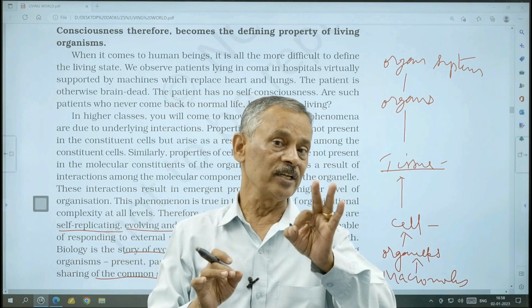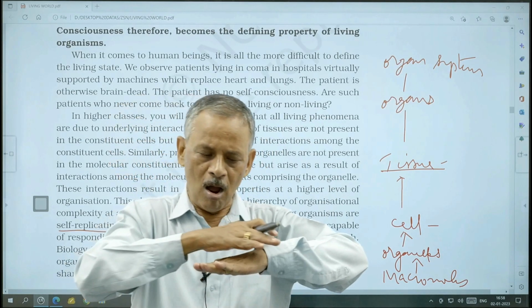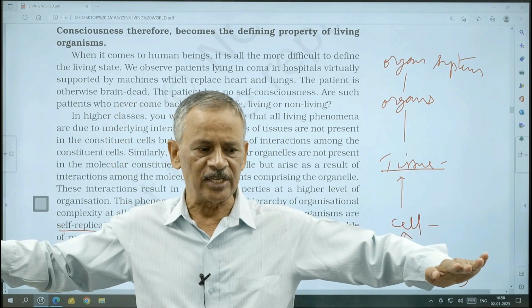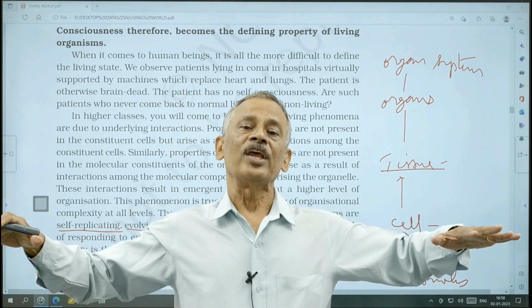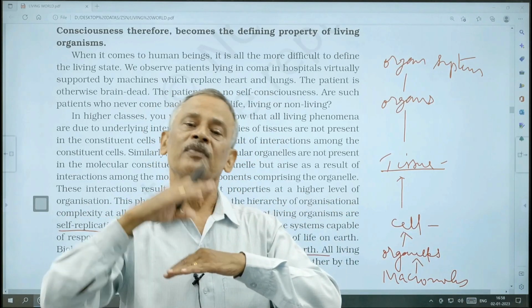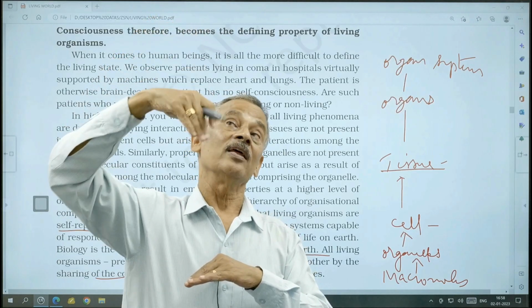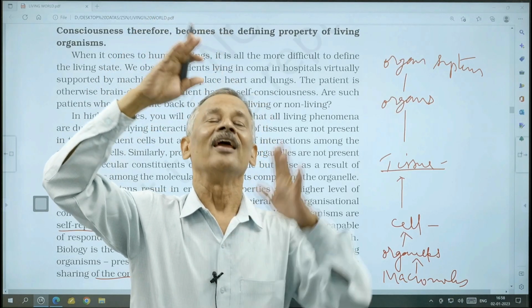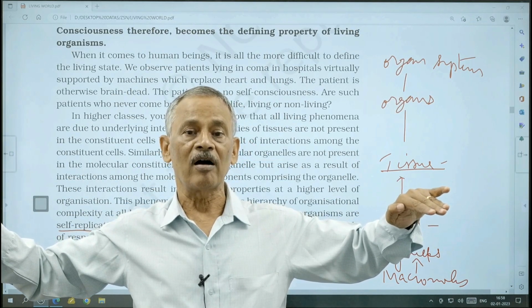both vertically and horizontally. Meaning, all living things which are present in the same generation, at the same time, are all connected together. Those which lived in the past are connected vertically. So, vertically and horizontally, all living things are connected together.